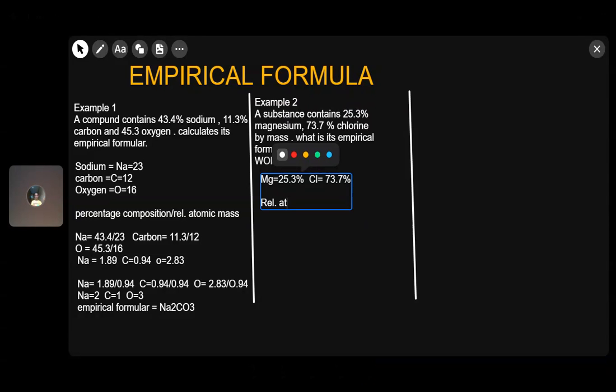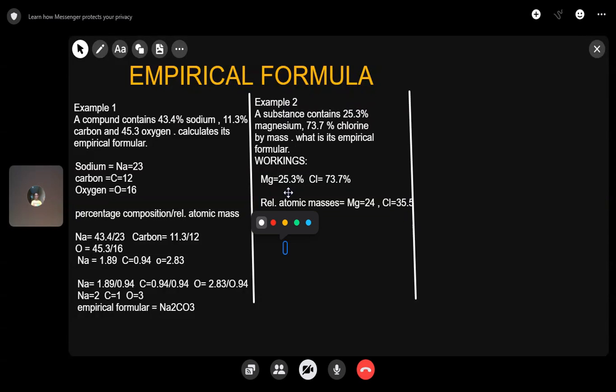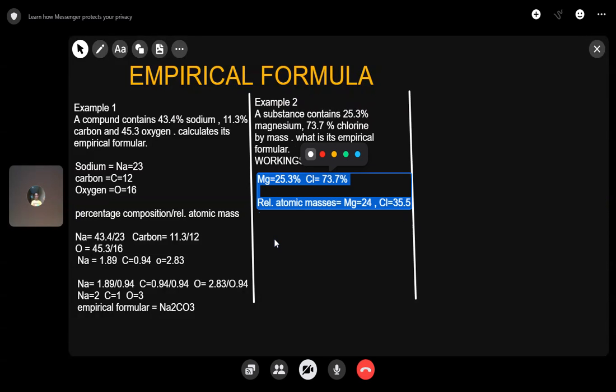Magnesium equals 24, and chlorine equals 35.5.